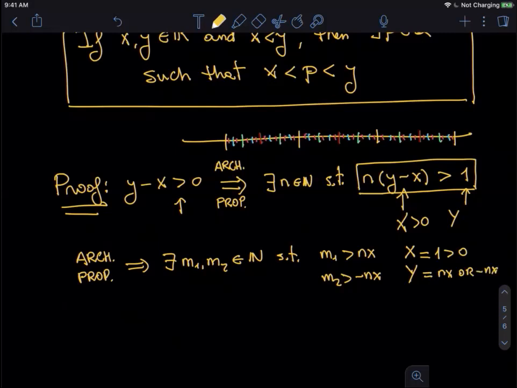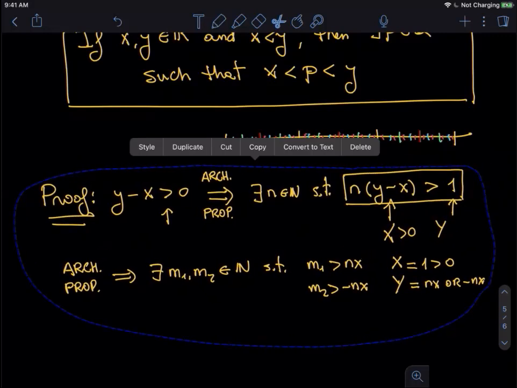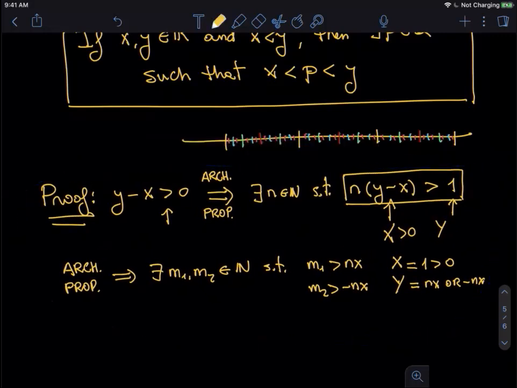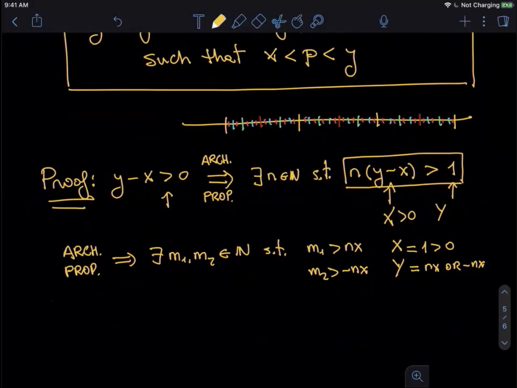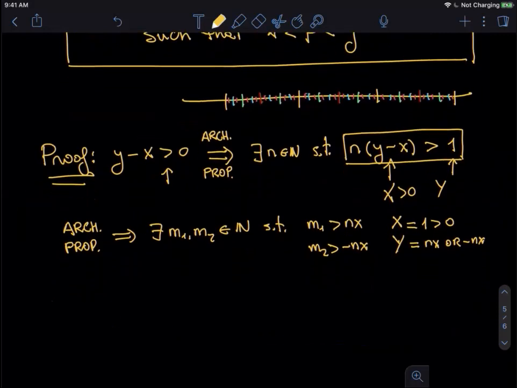Remember, in the Archimedean property, we said that x needed to be positive, but we didn't say anything about y. So here we have these two inequalities.